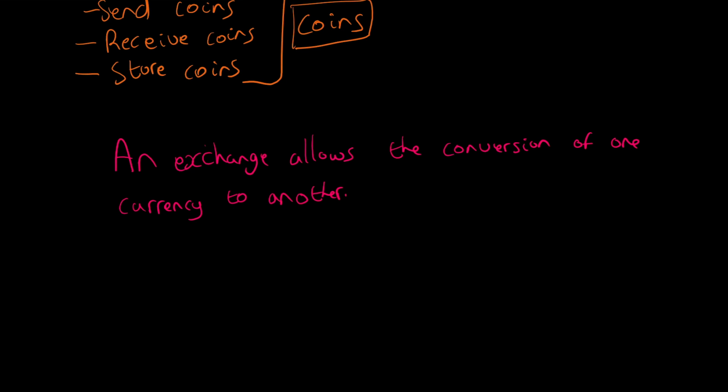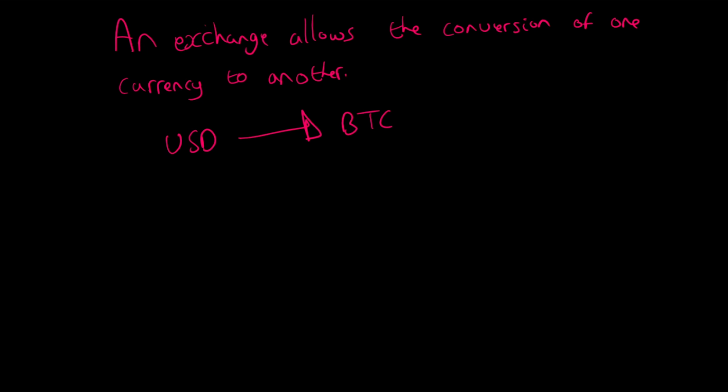So whether that is United States dollars to Bitcoin, that would be the process of what you would use an exchange for. Whether it is, let's say, Ethereum, so this is a cryptocurrency, to Bitcoin, again, you would need some sort of an exchange.